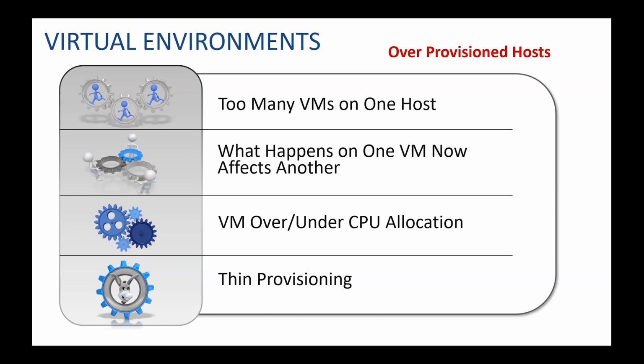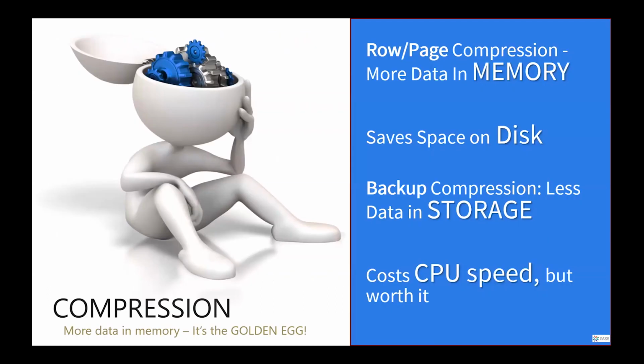Yep. Okay, compression. Compression is your friend. Compression not only makes the storage admin happy because you're using less space, but it also improves performance for you. So what I want you to do is look at your system, and use row or page compression on your indexes for sure when you're building those.